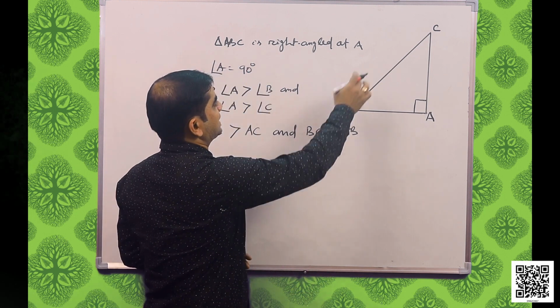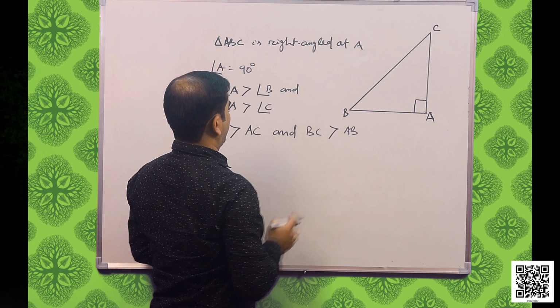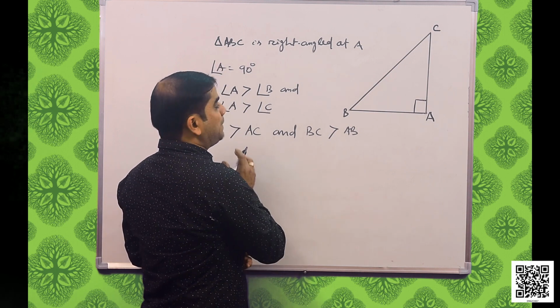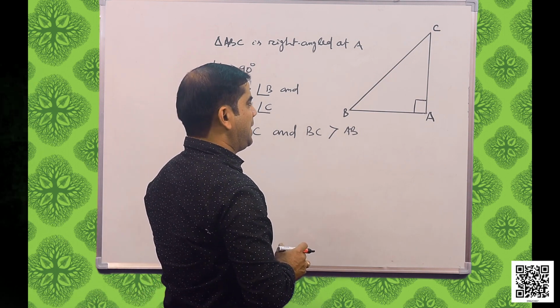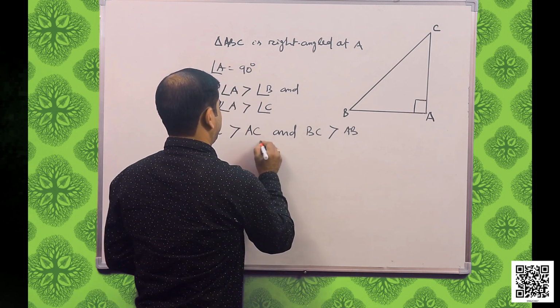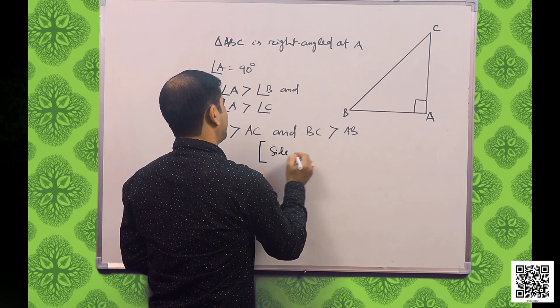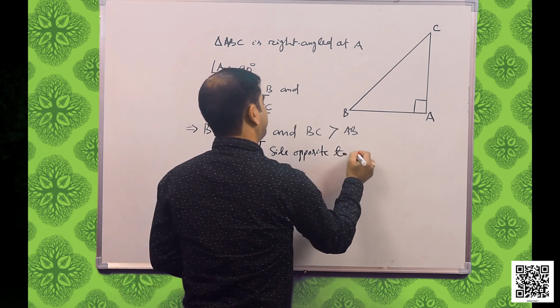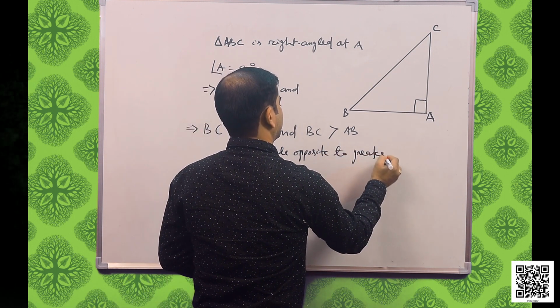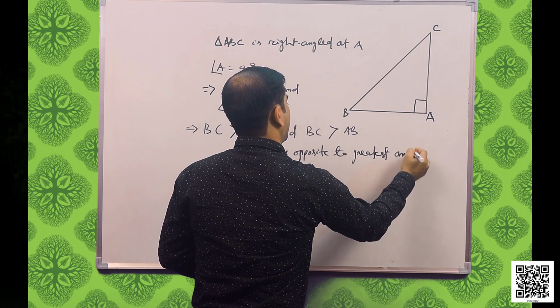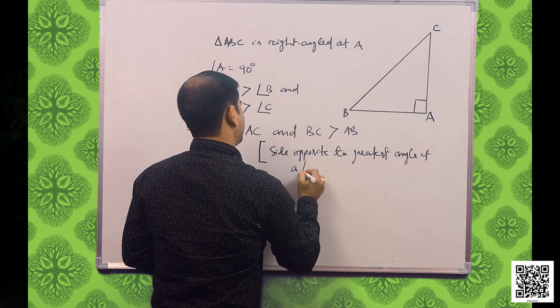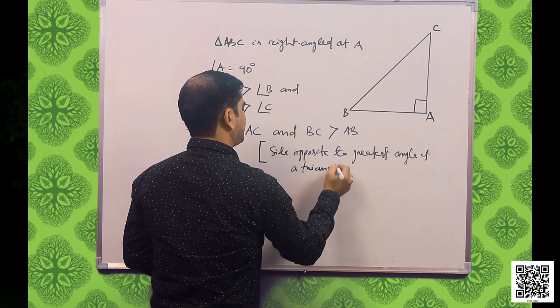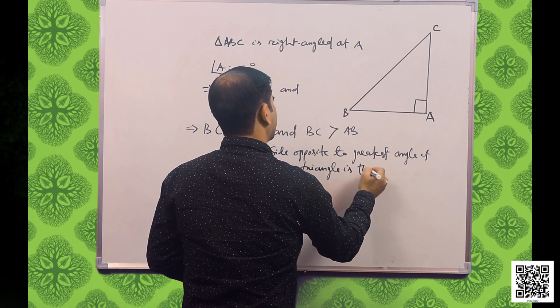So, BC is the opposite side of angle A. That's why BC is greater than AB and AC as well. Side opposite to greatest angle of a triangle is the longest.